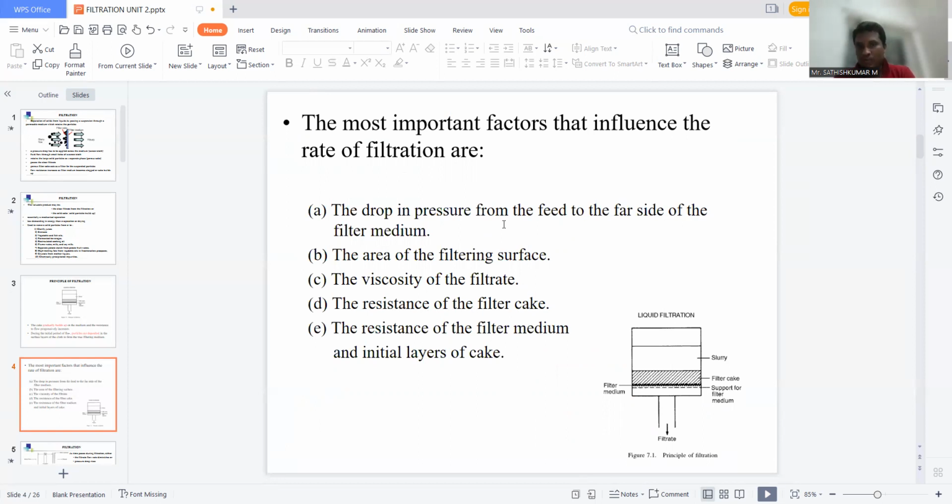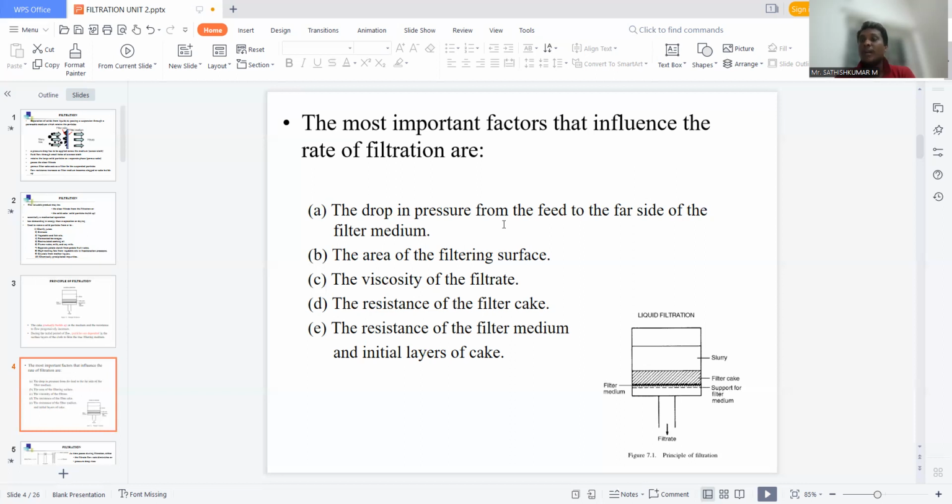First, the pressure across the filter medium. Second, the area of the filtering surface, as filtration is affected by the area of the filtering surface. Third, the viscosity of the liquid, where viscosity means the high density of liquids. Fourth, the resistance of filter cakes. Initially, the filter cake resistance is zero; gradually, the resistance increases due to the filter cake.